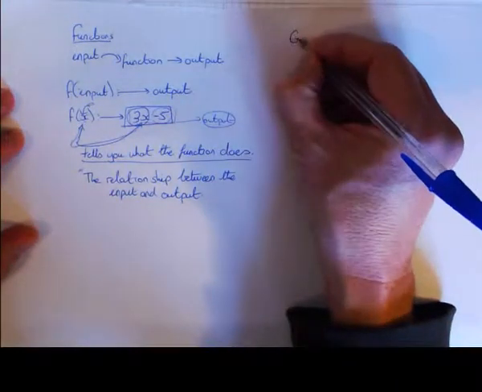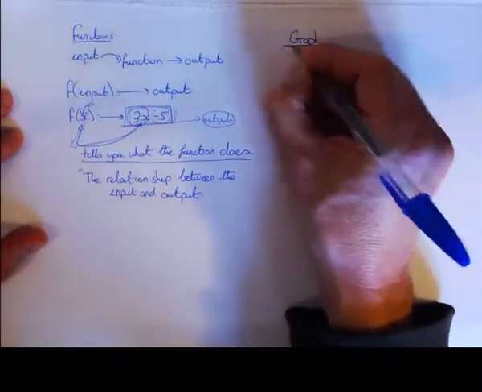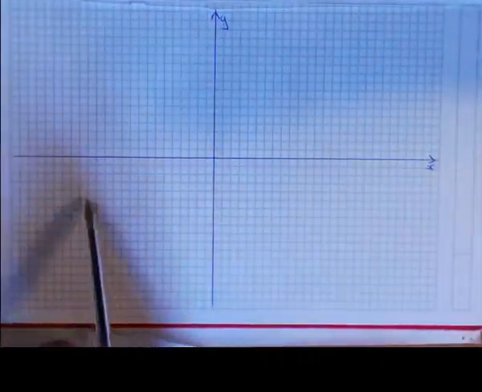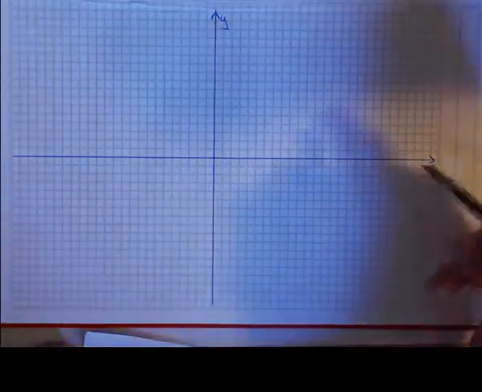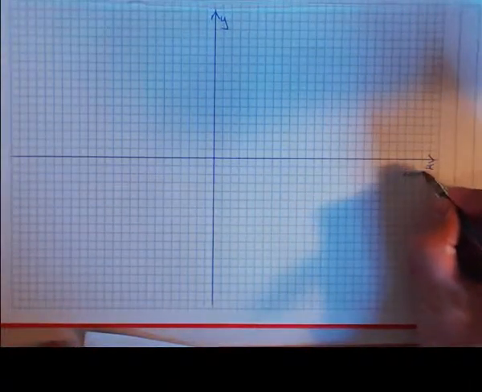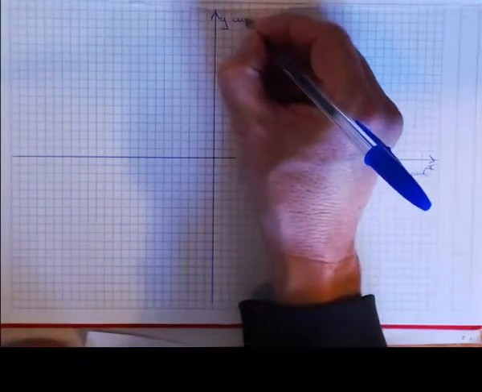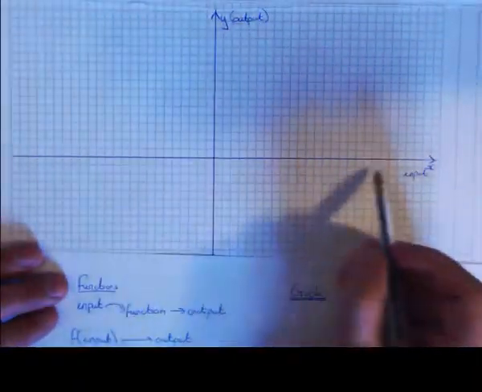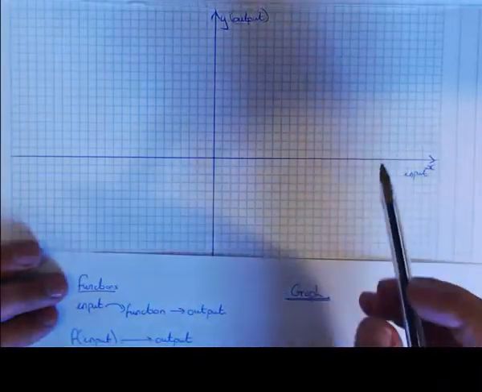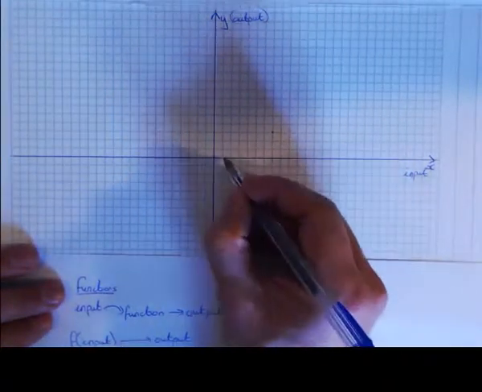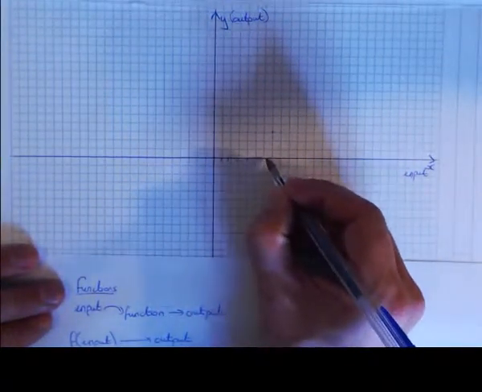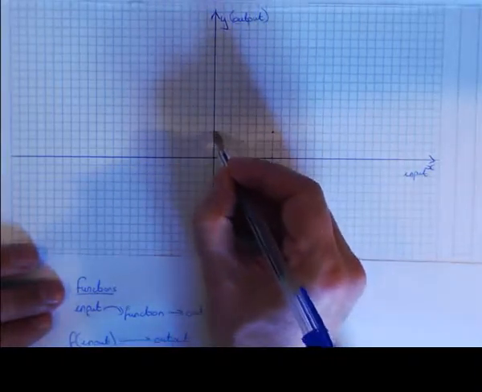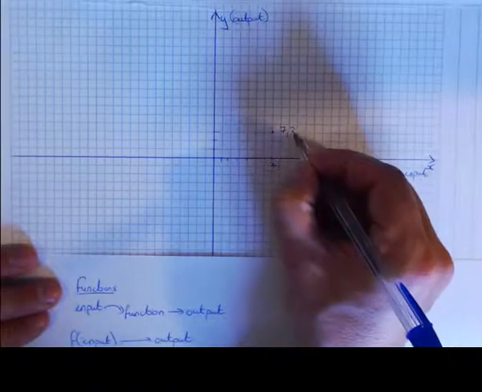When we want to graph a function, what we usually want to do is graph it on an xy plane like this. We have an input in this direction and an output here. So every point on this plane, for example an input of 7, gives an output of 3.